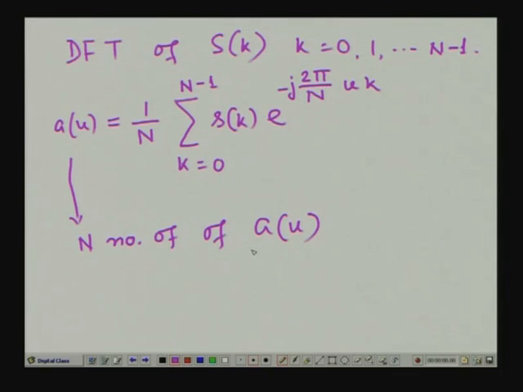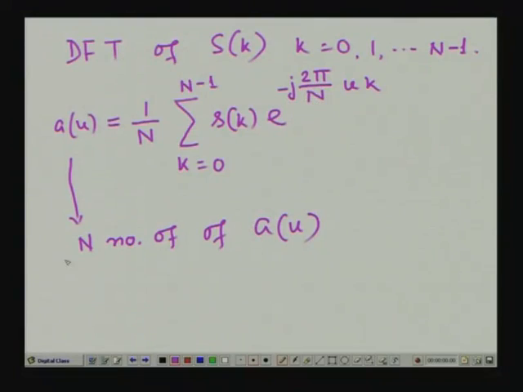Now, this set of complex coefficients can be used as a descriptor which describes this given shape or this given boundary. Obviously, if I take the inverse discrete Fourier transform, the IDFT, of this set of complex coefficients Au, then I should get back Sk, our original set of boundary points.